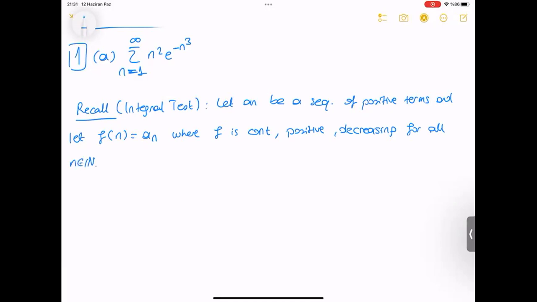Let me write it like this. We have f of x for all x greater than some n.